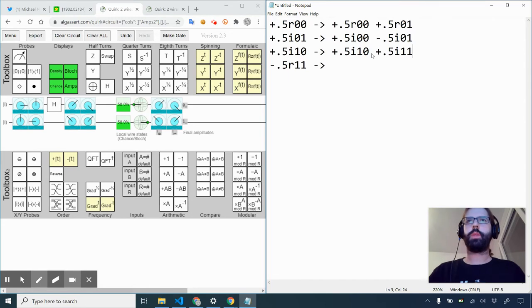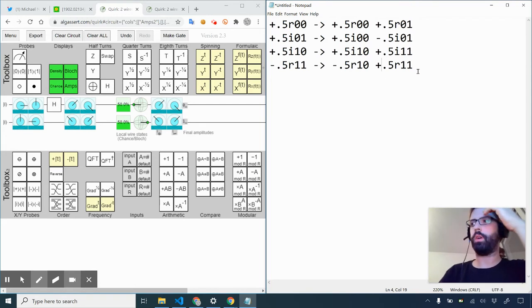And here, the minus stays here, and this minus turns into plus. This is just because the Hadamard on here would lead to a minus, and minus times minus is plus, so that's why I get a plus in here and a minus in here.